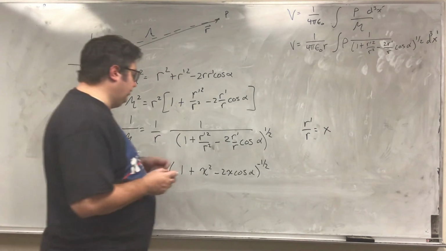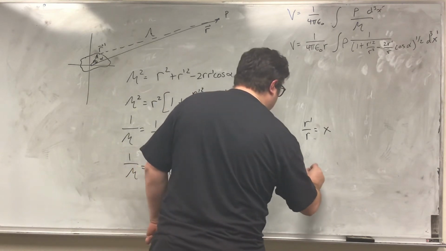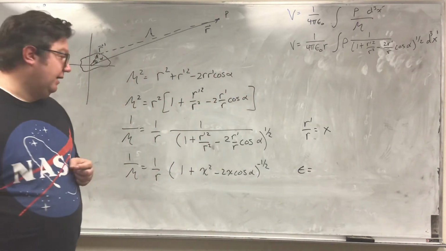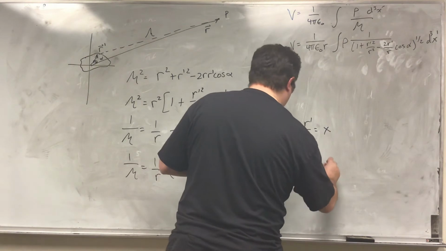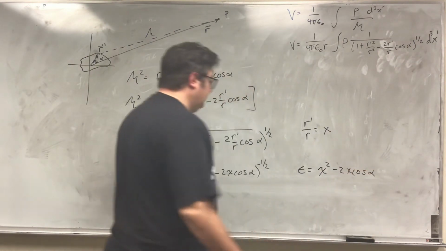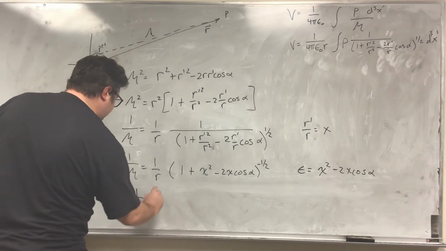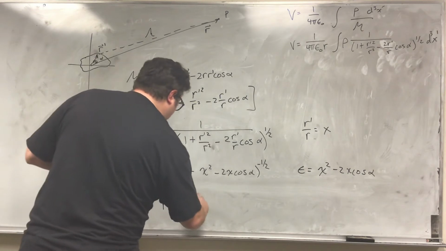And then we're also going to call this term here epsilon, so we have epsilon equal to x squared minus 2x cosine alpha. So what we're really caring about is doing the expansion on the following equation.